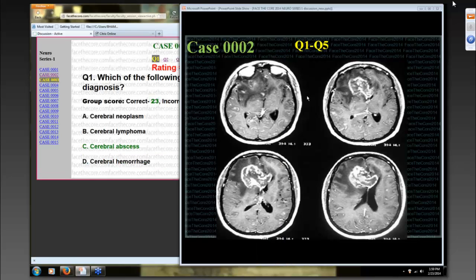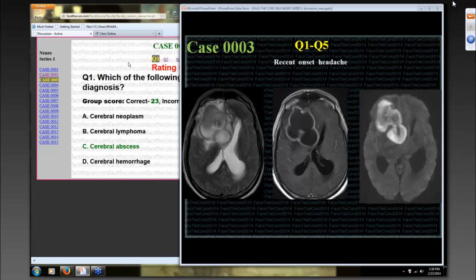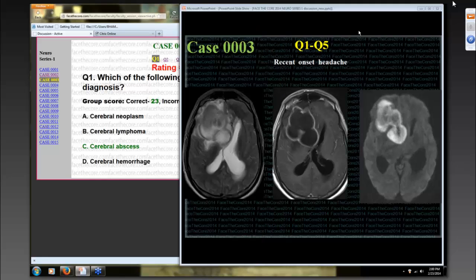Moving on to the third case. The first question is as to the possible diagnosis.